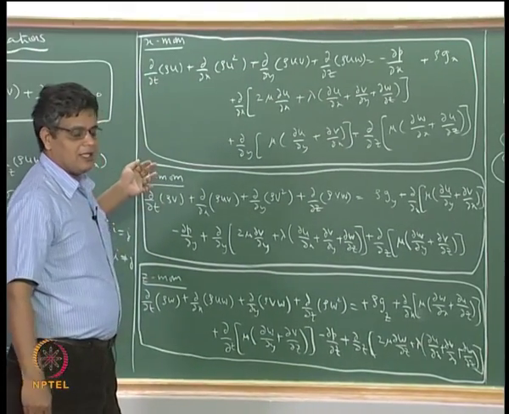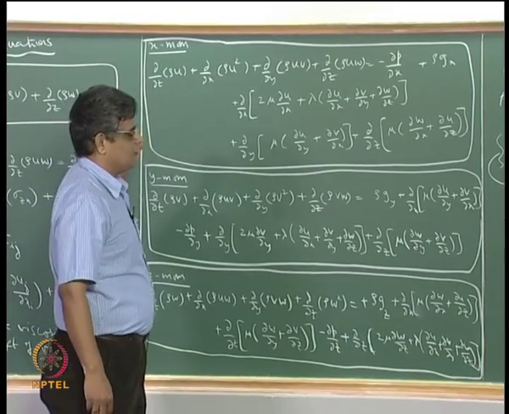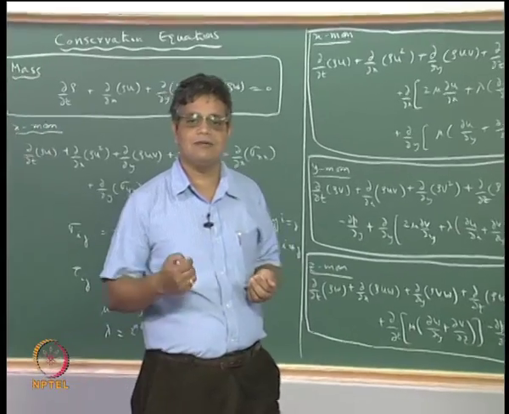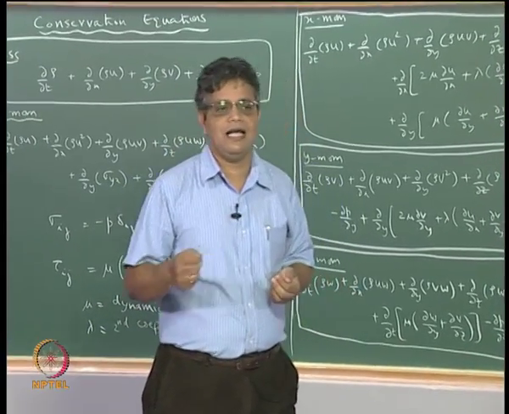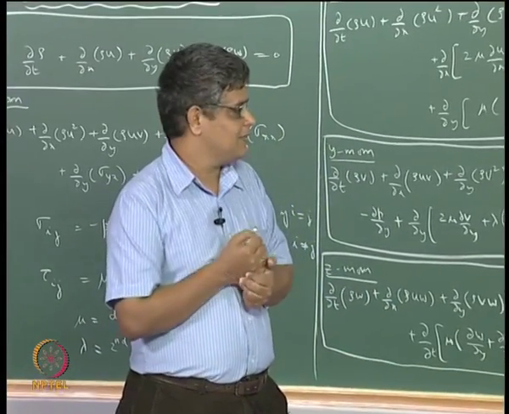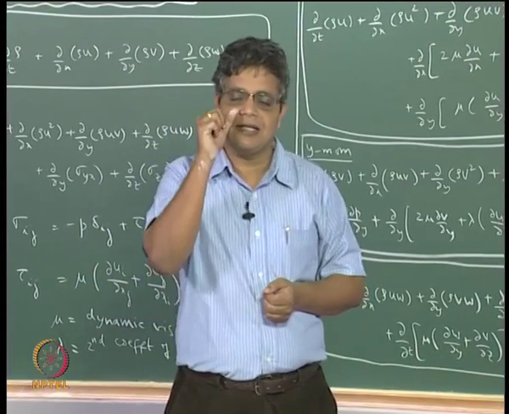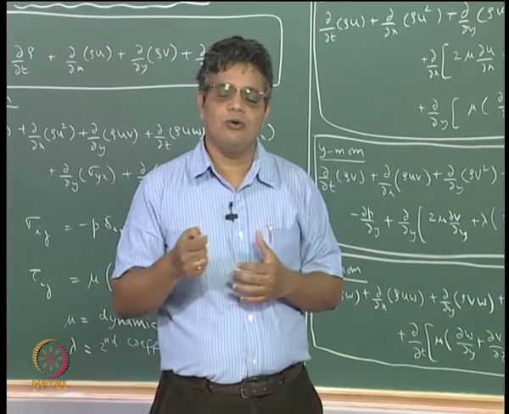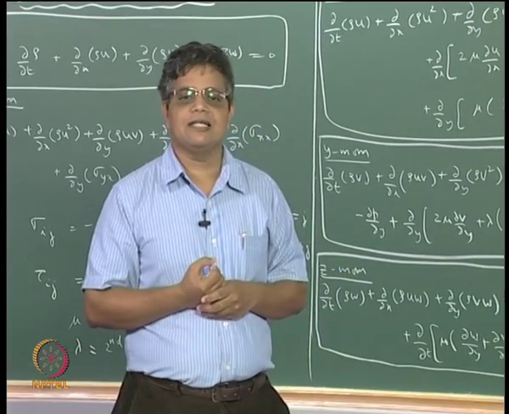We have not made any assumption here on compressibility of the flow. So these equations are equally valid for a compressible fluid as for an incompressible fluid, but in many cases of chemical engineering interest, the flow is usually incompressible.